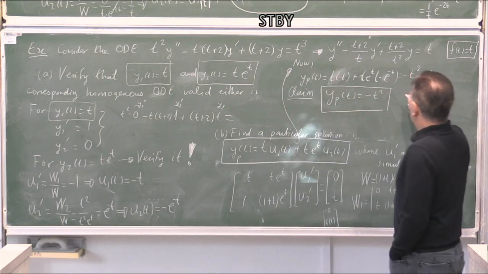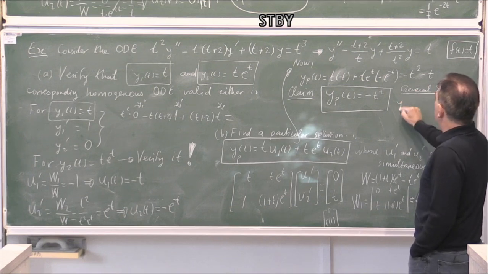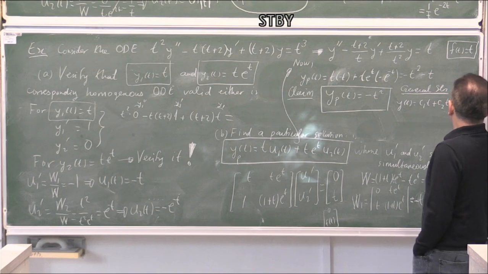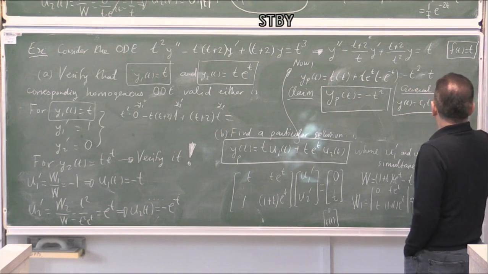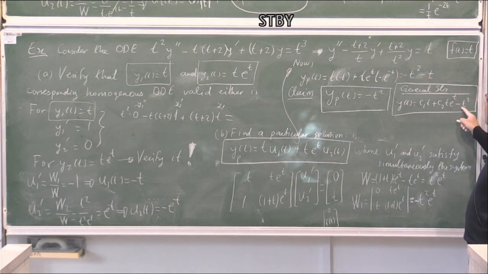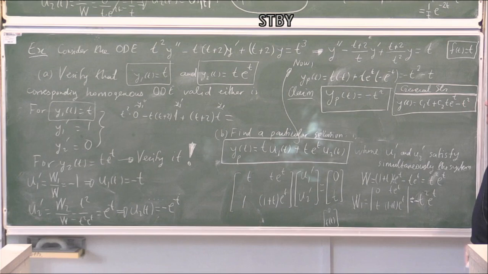Hence, what is the general solution? y of t is C1 t plus C2 t e to power t minus t squared. If you take minus t also in the particular solution, you can incorporate that term with this solution, which is unnecessary. So minus t squared is a particular solution.